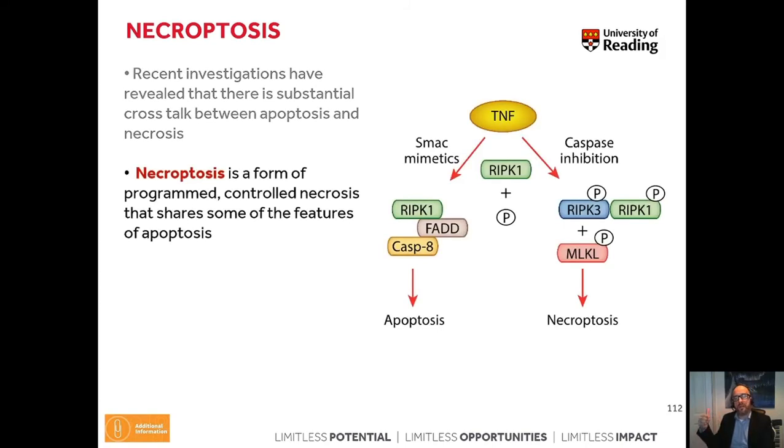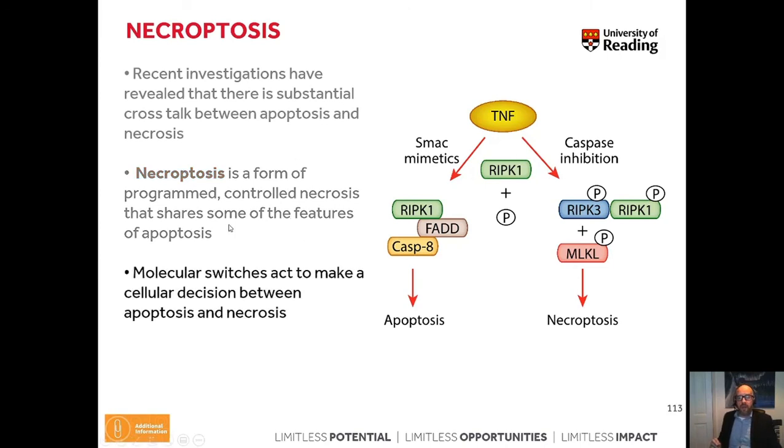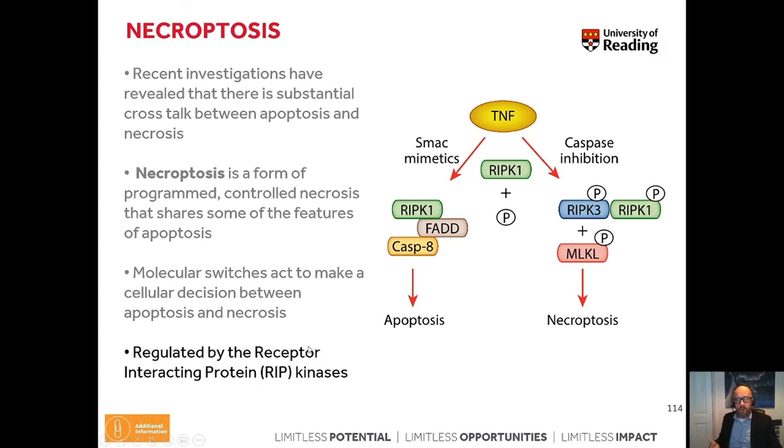And this newly discovered process has been termed necroptosis. Necroptosis is a form of programmed, controlled necrosis that shares some of the features of apoptosis. It relies on molecular switches that act to make the cellular decision between apoptosis and necrosis. And the regulation of this process is mainly maintained by receptor interacting protein, RIP kinases.